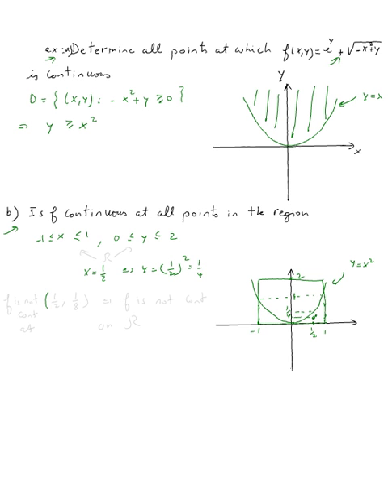So if I pick the point 1/2, 1/8, I can say f is not continuous at the point 1/2, 1/8. Therefore, f is not continuous on our region R. What is our region R? The rectangular region, x between negative 1 and 1 and y between 0 and 2. And that's it for these examples.